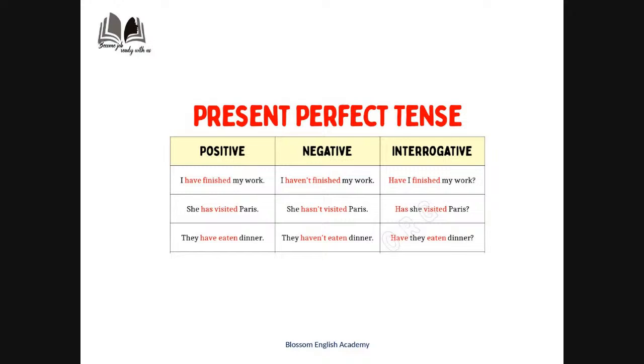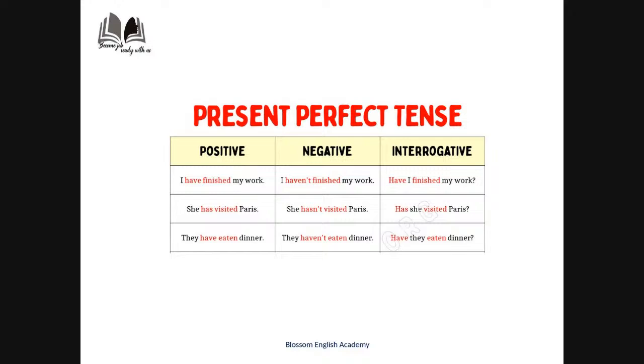Have is used for I, we, you, they, and has is used for she, he, it, and other singular nouns. Okay, and so subject plus have or has, depending on the subject, plus you will have a verb in its third form.